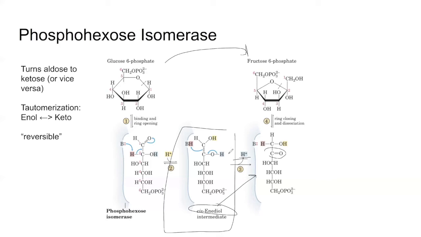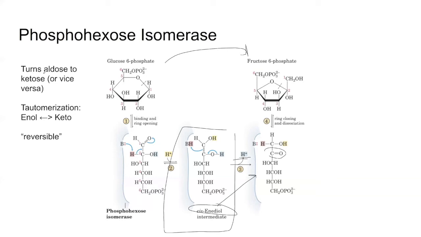One thing to note is that regardless of what kind of sugar you have, the mechanism stays the same. Even if this is a longer sugar or a shorter sugar, if you're doing an isomerase mechanism, then you're still using the same mechanism.